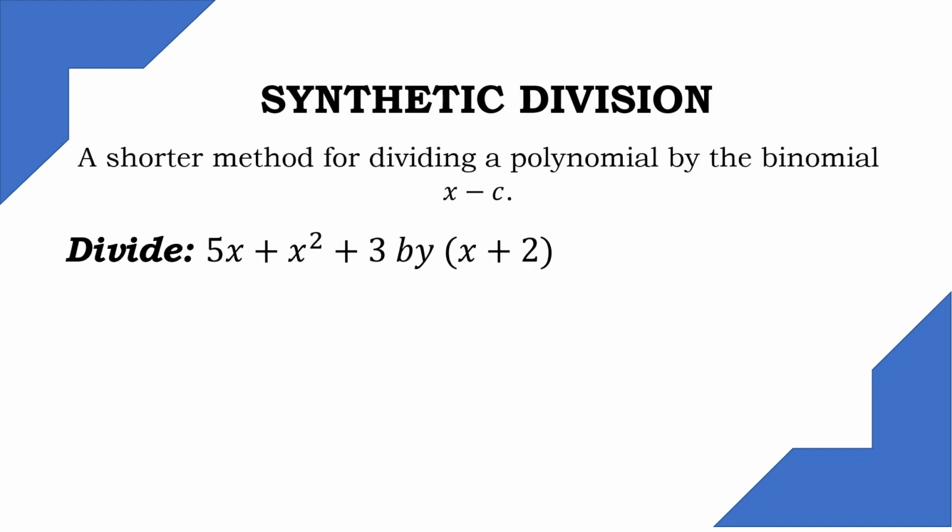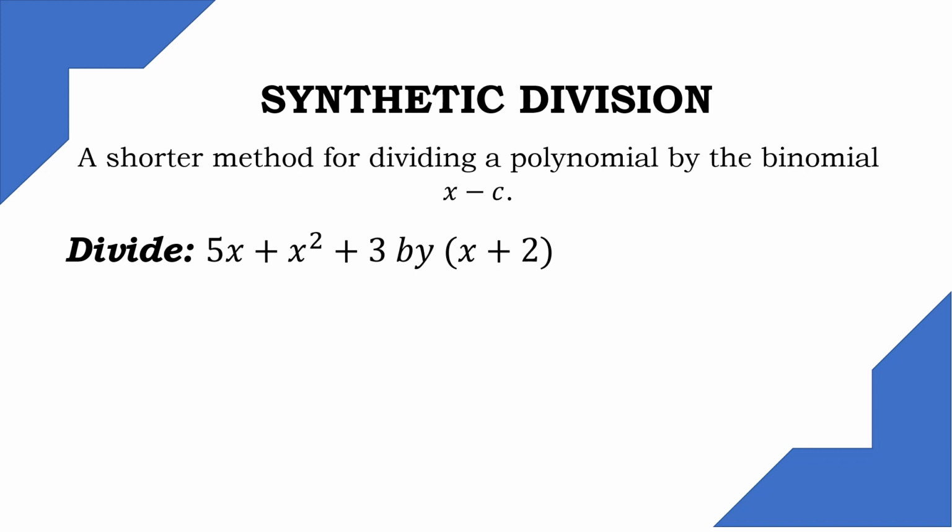We have a shorter way for dividing a polynomial by the binomial x minus c, and that is by using synthetic division. So let us consider the same example that we did using the long method. So in here, we have to follow these steps. We need to write the coefficients of the variables of the dividend in order of descending powers.